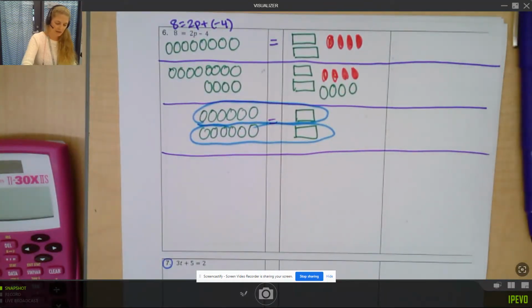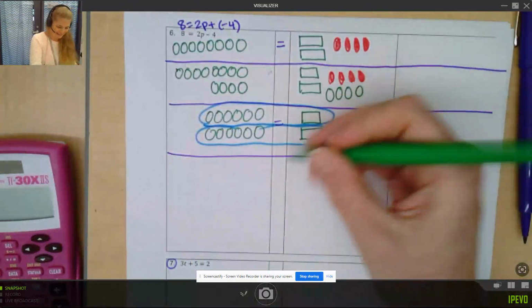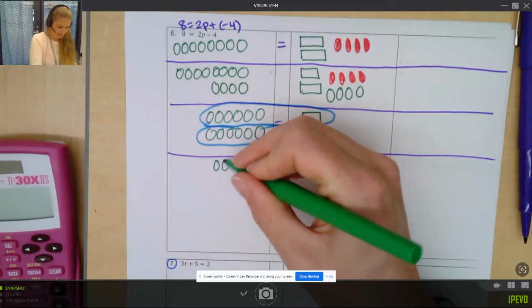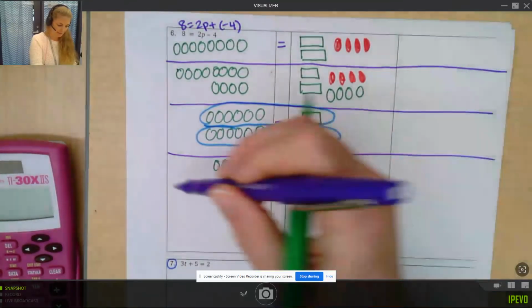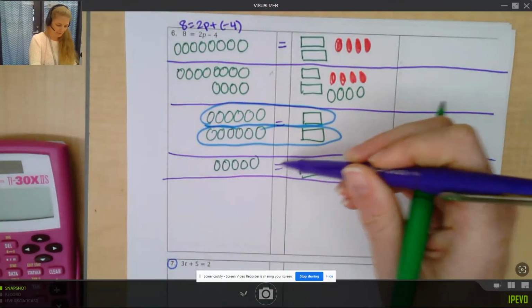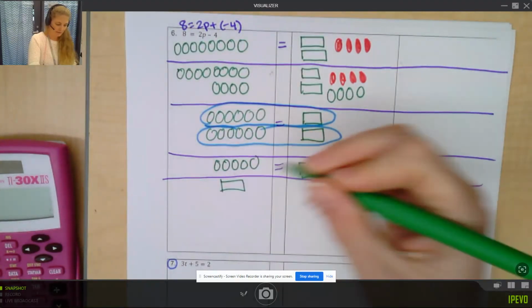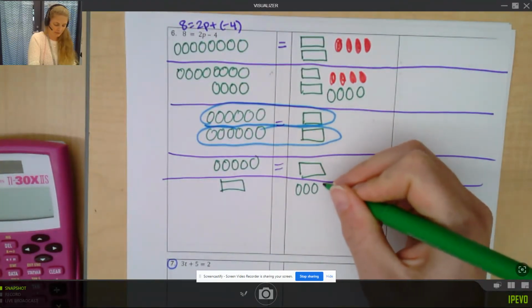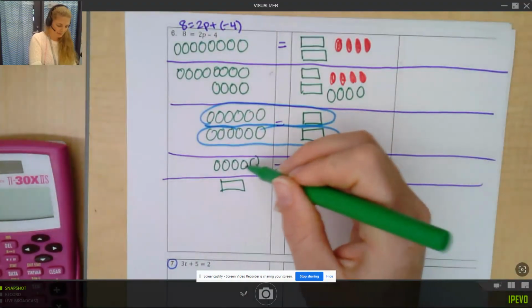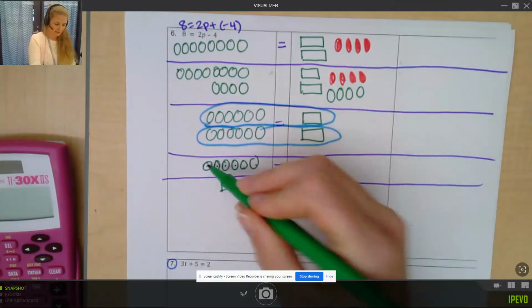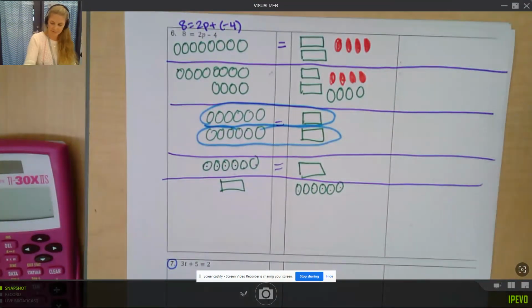So here we can take just one group is equal to 6. And of course, that means x is equal to 6. Oops, forgot one there. 6.